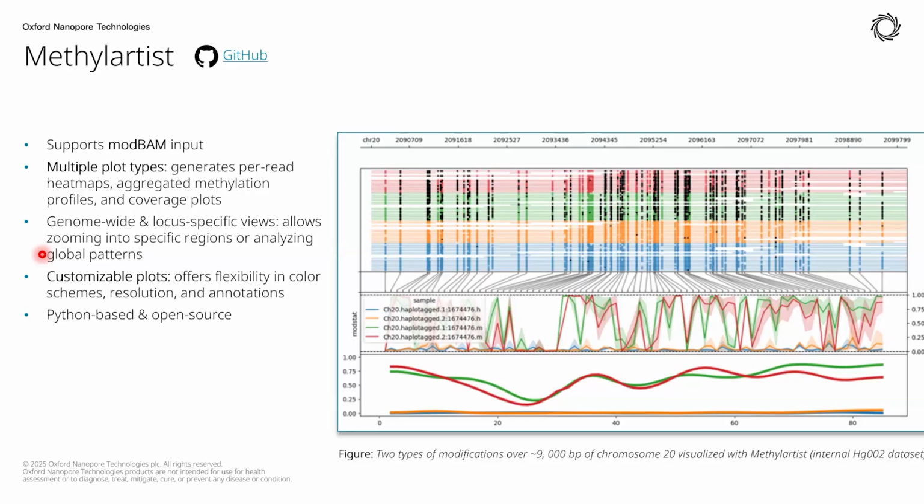You can see that on the top part of the chart, where you're looking at the reads as aligned to the reference, showing you the coordinates, as well as the charts below showing you the percent modified at these different positions in different ways, either in a smaller binning or larger binning. And it does include functionality where you can do some comparisons of methylation between different sites as well.